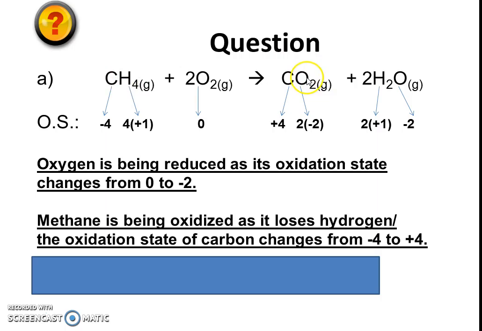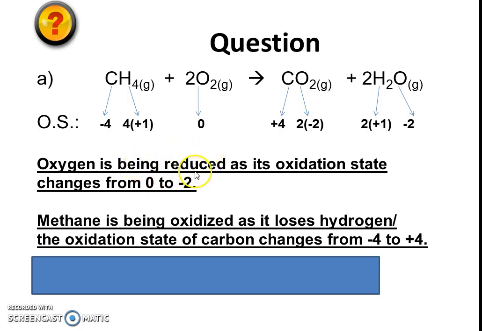It forms your carbon dioxide, so there is a loss of hydrogen, or you can simply explain it in terms of its oxidation state from minus 4 to plus 4. Both will be accepted. The oxidation state of carbon changes from minus 4 to plus 4, or it is oxidized as it loses hydrogen. So we can deduce, is it a redox?